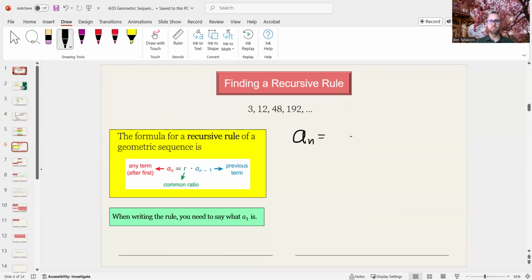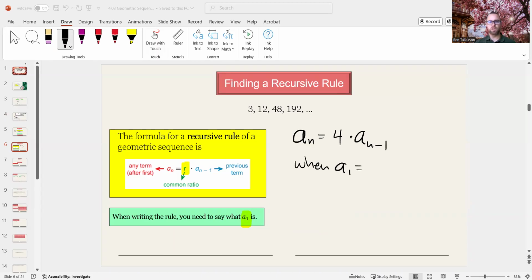A sub n, a sub n minus 1, and then a sub 1 equals. These parts stay the same. Okay, so what we need to find are the missing pieces to the puzzle, which are r and a sub 1. R, common ratio, we found it before, is 4.